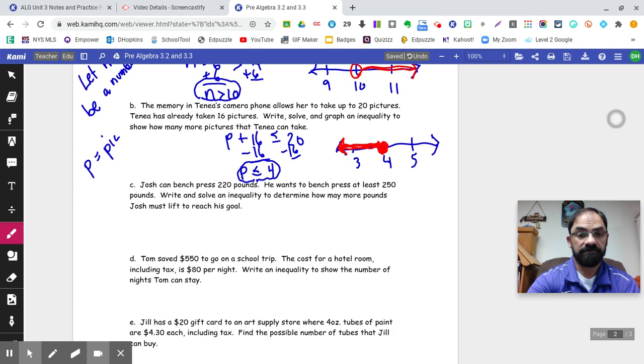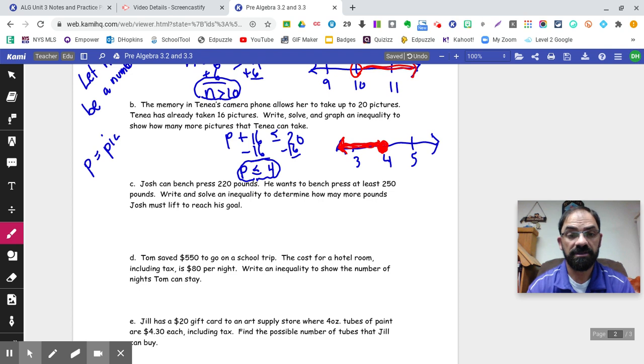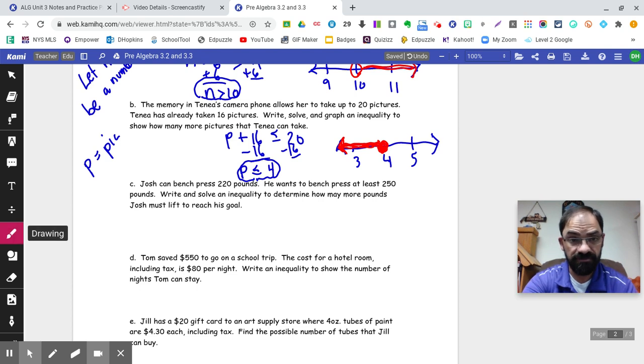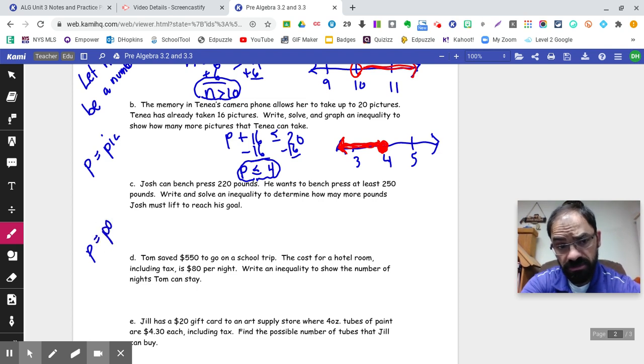C, Josh can bench press 220 pounds. He wants to bench press at least 250. Write and solve an inequality to determine how many more pounds that Josh must lift to reach his goal. So again, we can use P, this time for pounds. He can already lift 220, so we can say P plus 220.